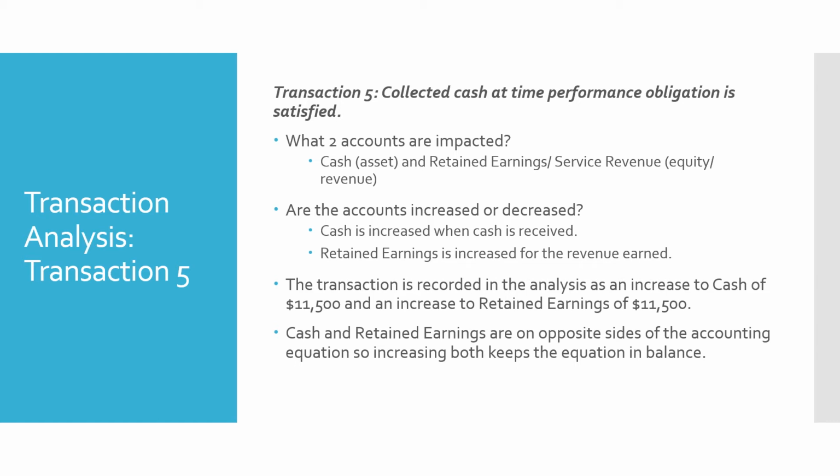So we know that when we're doing transaction analysis, we record revenues as increases to the retained earnings account. So in this case, we're going to increase cash by $11,500 on one side of the accounting equation, and we're going to increase retained earnings by $11,500 on the other side of the accounting equation so that it stays in balance.